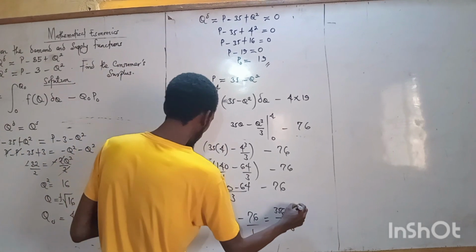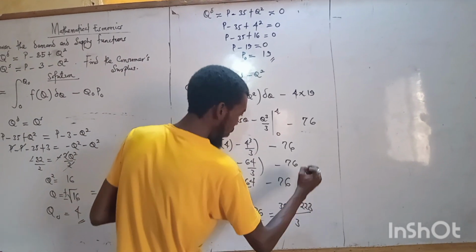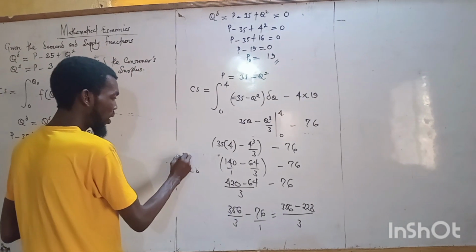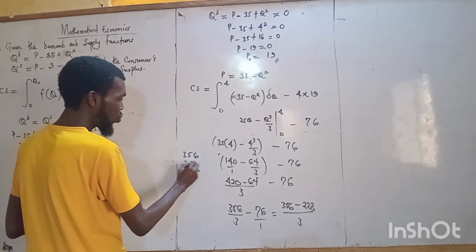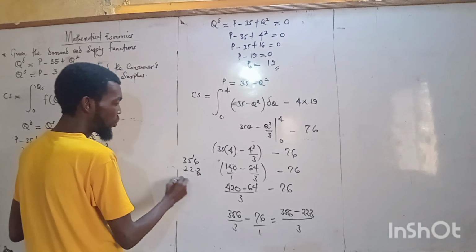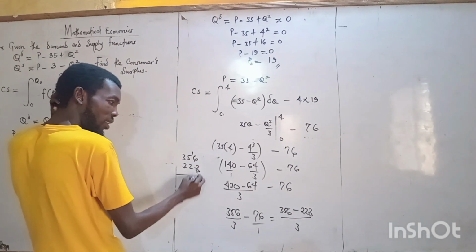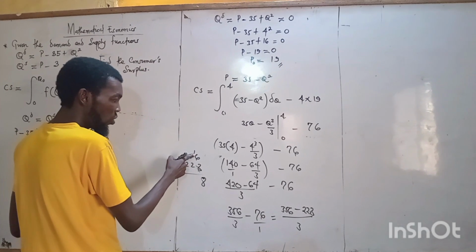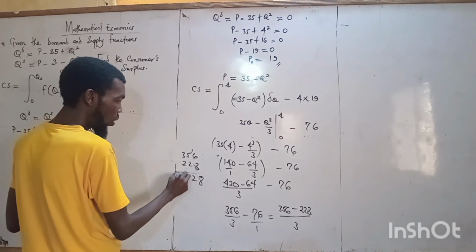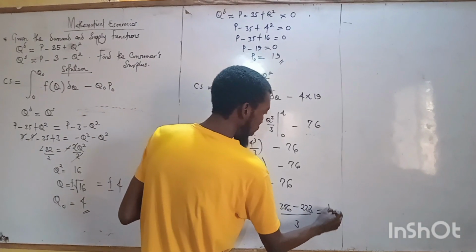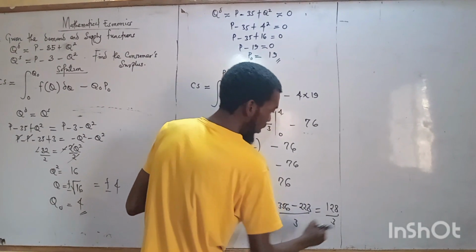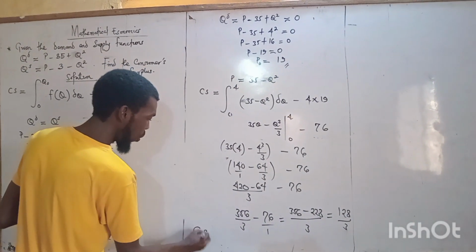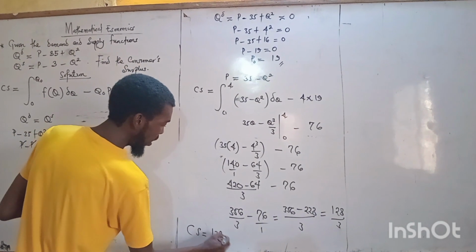That will be 228 over 3. 356 minus 228 is 128. So 128 over 3. And so our consumer surplus will be 128 over 3.